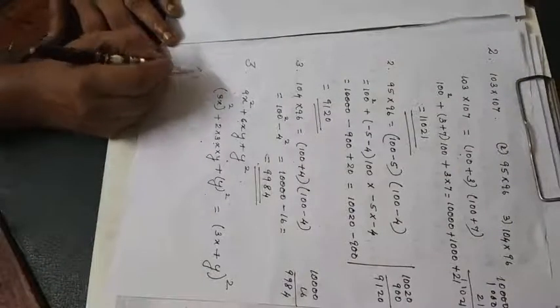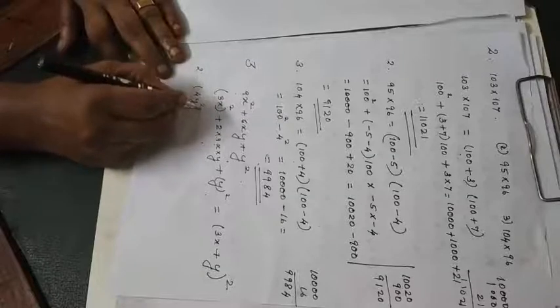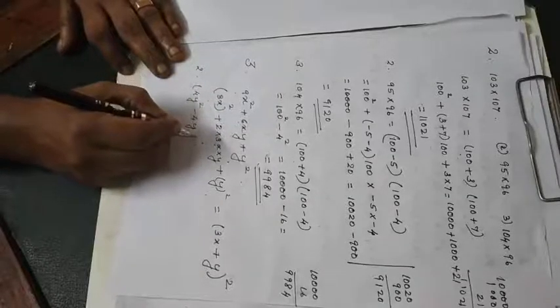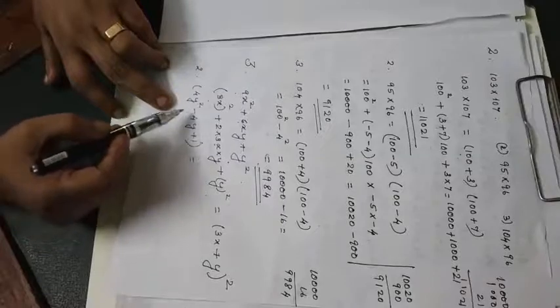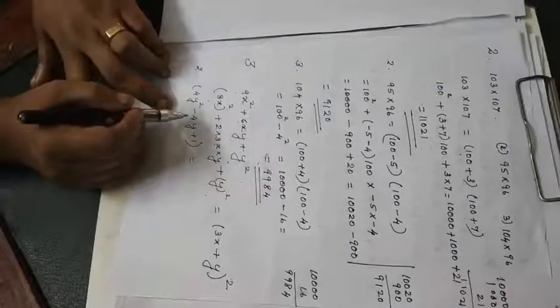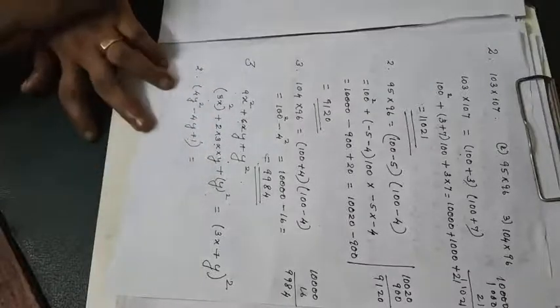Now second one, 4y square minus 4y plus 1. Again here also first term and last term are perfect squares. Middle term is a negative 1. So let us check whether it is in the form a square minus 2ab plus b square.